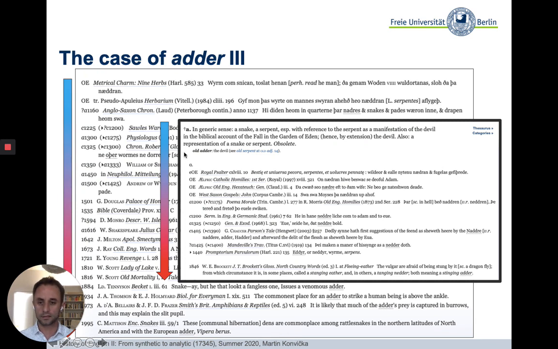But if you compare that to the first original meaning, which is more generic, meaning a snake, a serpent in general, we see that it also begins in Old English already, but the last example of this comes from the first half of the 19th century, but this seems to be a very isolated example. The last example before that is documented in the 15th century, so this must have been very infrequent at that time.